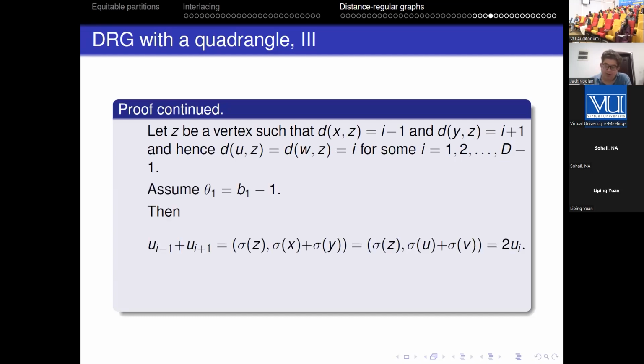And now you assume that b1 minus 1 is your second last eigenvalue. Then you can calculate u_{i-1} plus u_{i+1}, with inner products of sigma x and sigma y.